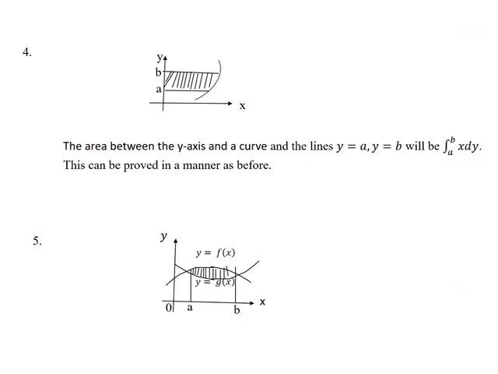So we now move to the next one, which is the number 4 diagram. Looking at this one, you will see that the curve is on the x-axis there, but looking at the range, the range is on the y-axis, from a to b.